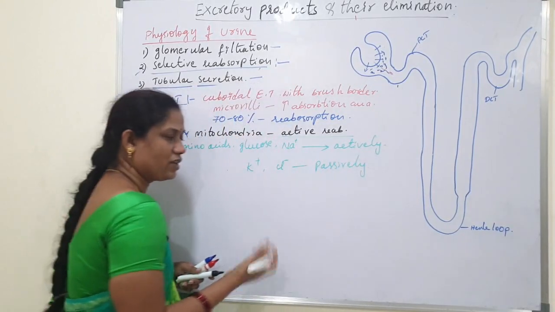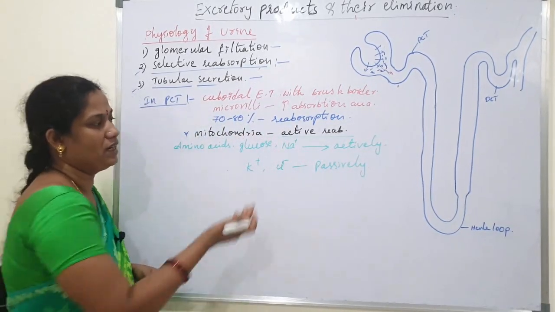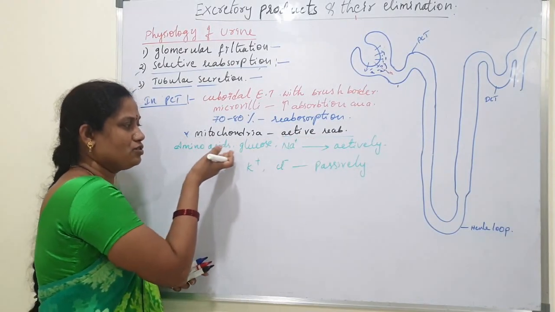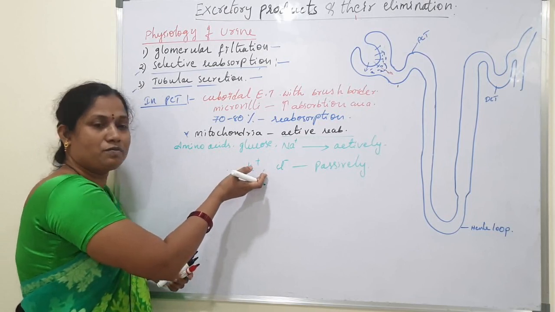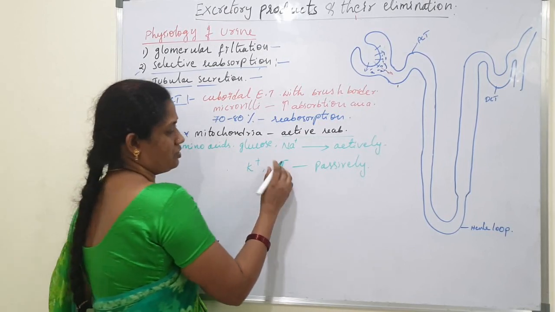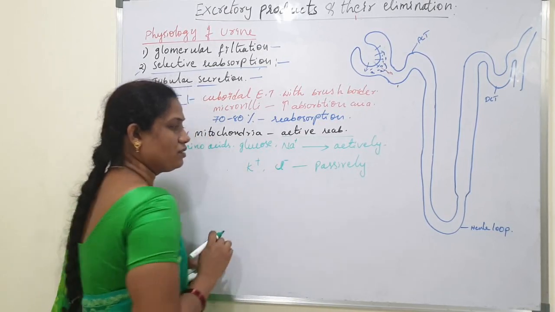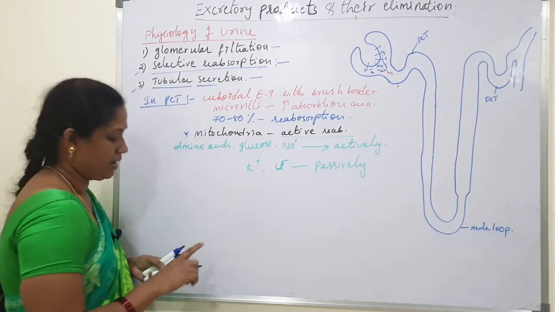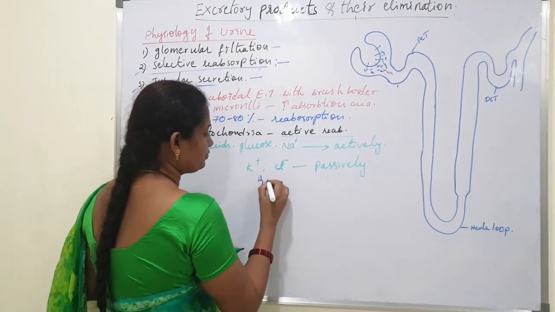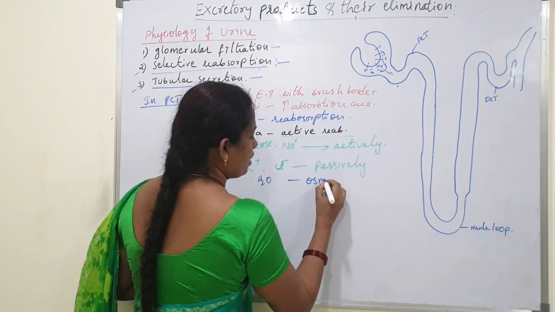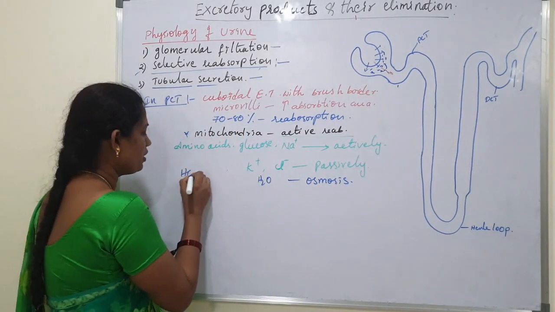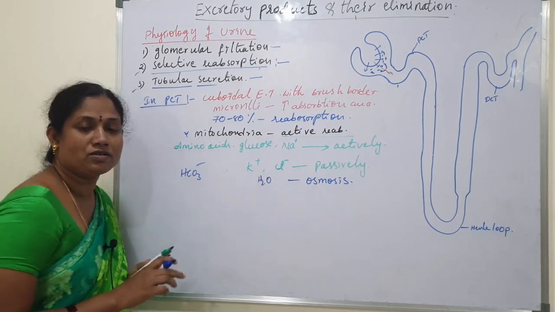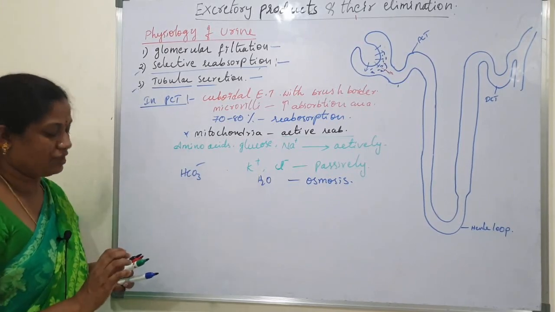Passively means ATP is not utilized, whereas active transportation means ATP is utilized during the transportation. Next, water is absorbed by osmosis, and bicarbonate ions are also absorbed into the tissues.